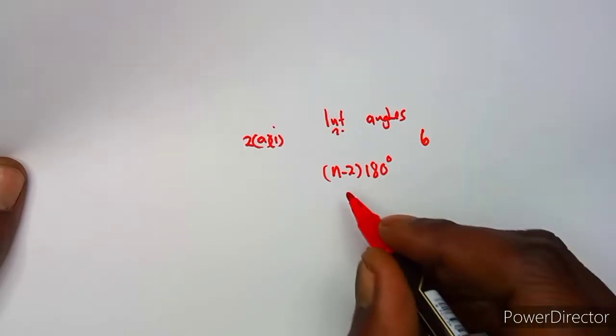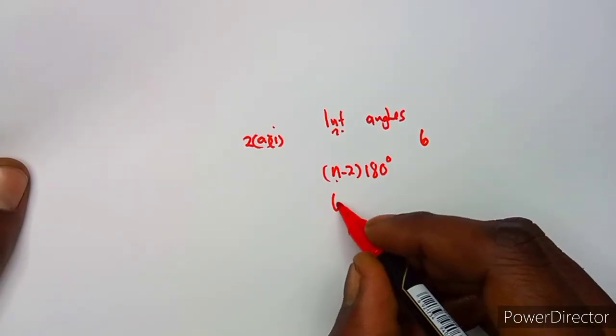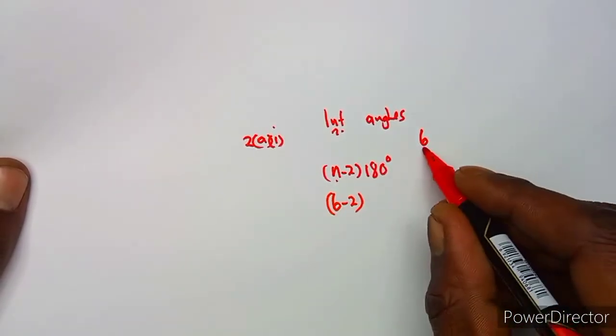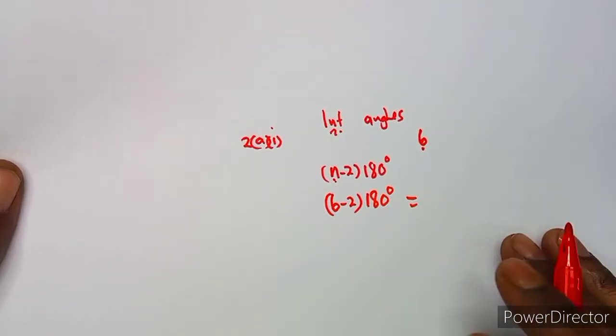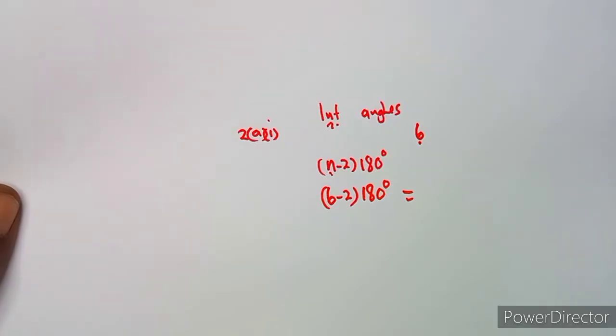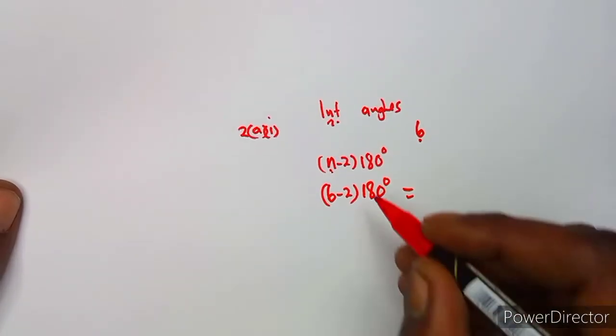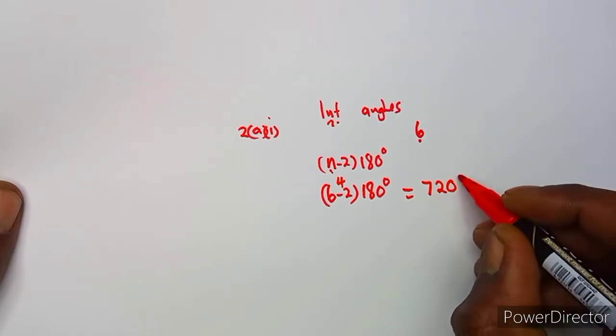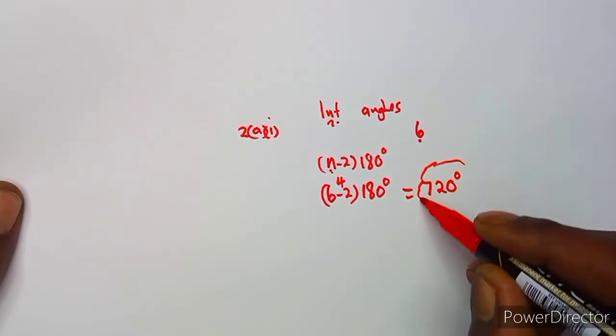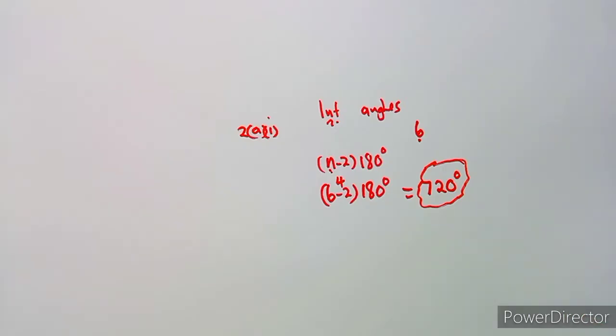So we can find the interior angles by substituting the value of n, which is 6, then multiplying by 180. Doing this on a calculator, this is going to give us 4 times 180, which is 720 degrees. So the interior angles of this polygon, when added together, add up to 720 degrees.